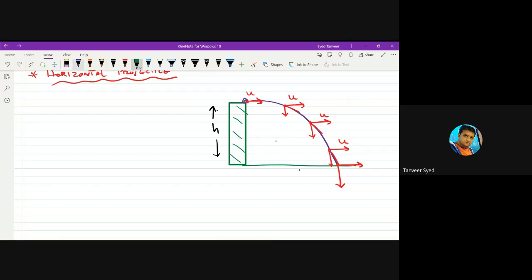Now, what parameters do we get to study this horizontal projectile? First is time of flight. Time of flight is decided by which velocity? Horizontal or vertical?